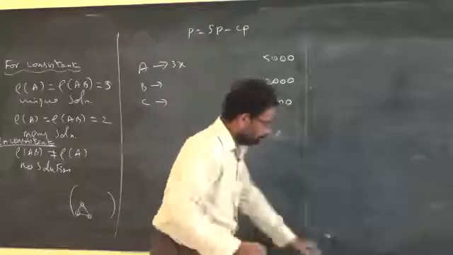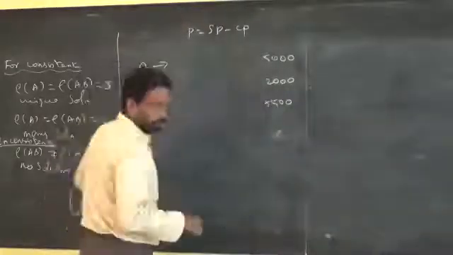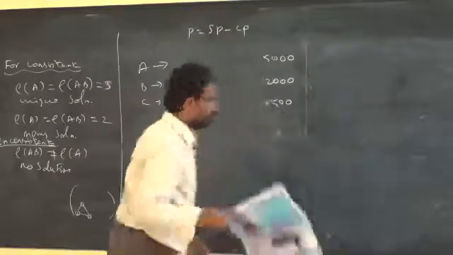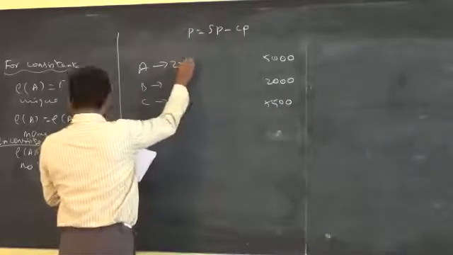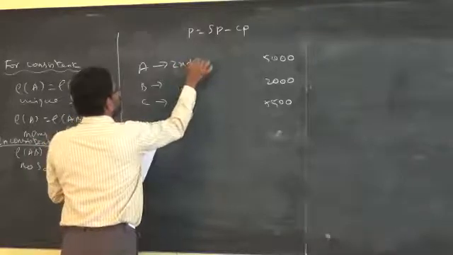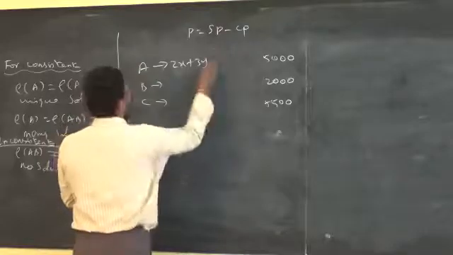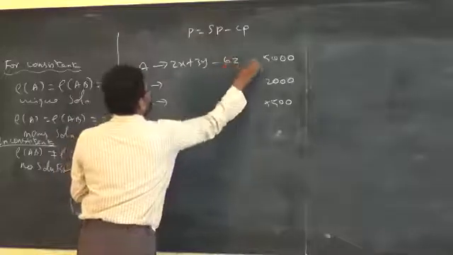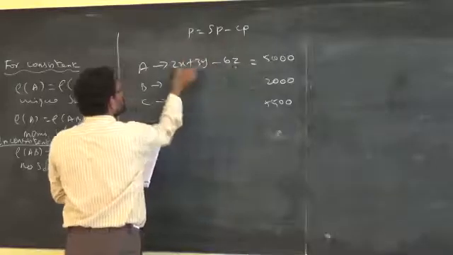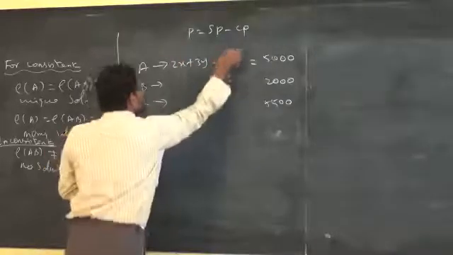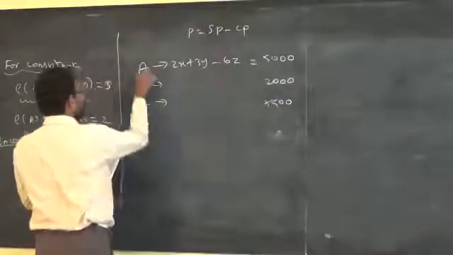Purchasing cost is 6 units of Z. Selling price minus cost price, selling goods minus purchasing goods, that is 5,000. The total earning amount by Anand is 5,000.